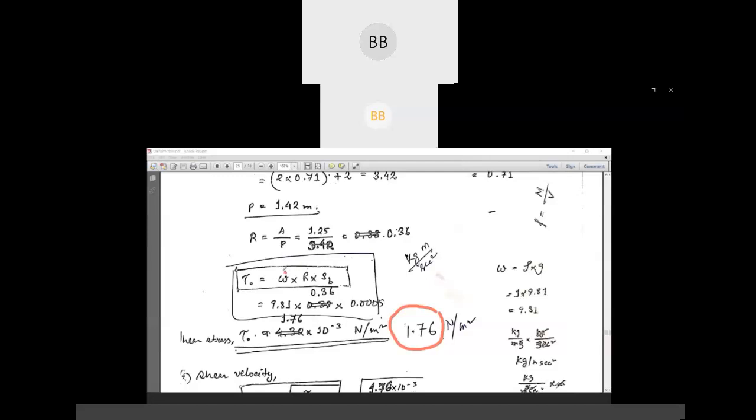See here, in the specific weight, rho into g, the density depends on the unit. You may consider 1000 kg per meter cube. 1 Newton is nothing but kg meter per second square.